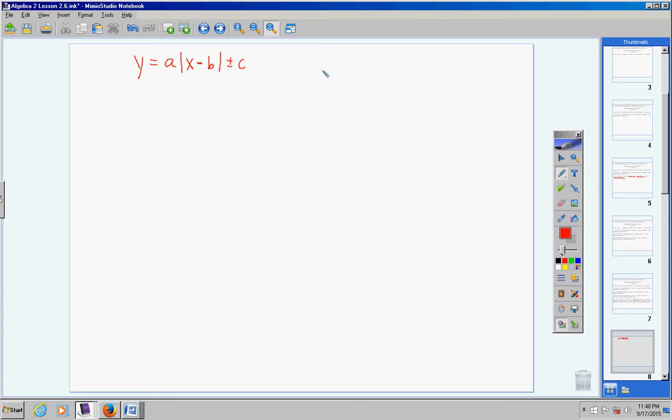So, an absolute value equation might look like this. That would be an absolute value equation. Well, Mr. Earhart, there's no A outside. Yeah, there is. You can't see it. There's a 1 right there. Same thing. Well, there's no C, Mr. Earhart. Well, yeah, there is. Just put plus 0 or minus 0.